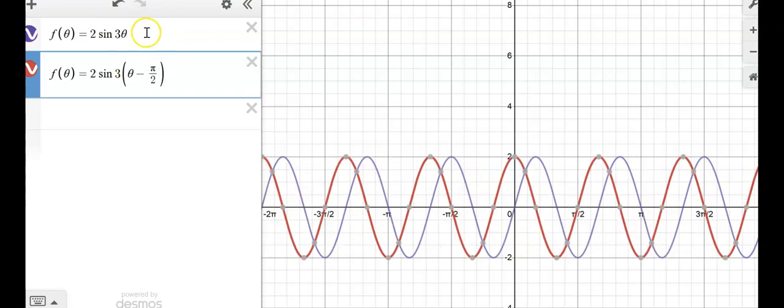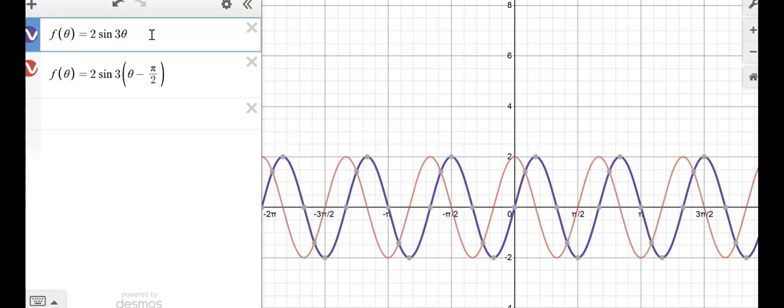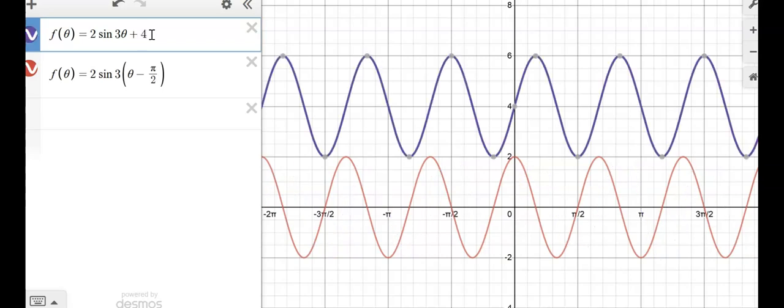Now let's just add up plus k, plus 4. So now you can see this is plus 4, and our midline is y equals 4. This is the midline across which this graph is oscillating, going up 2 units and down 2 units, as the amplitude is 2.